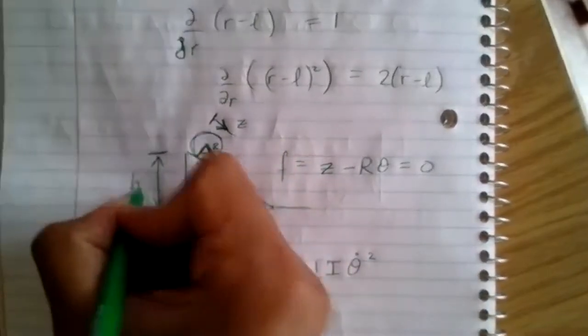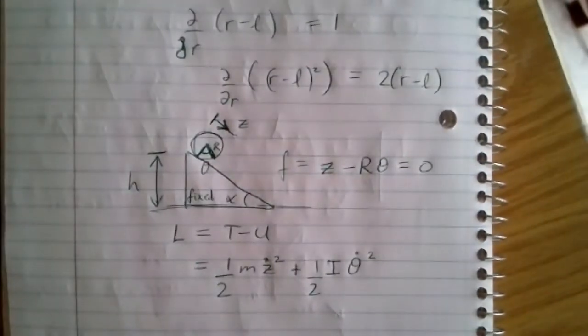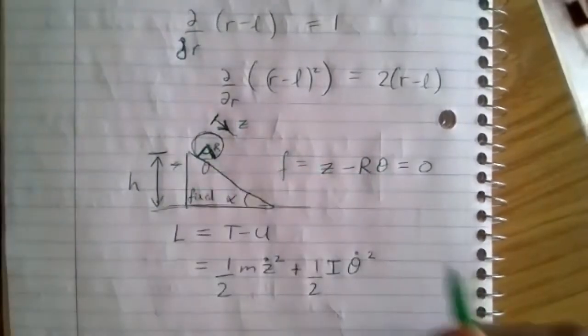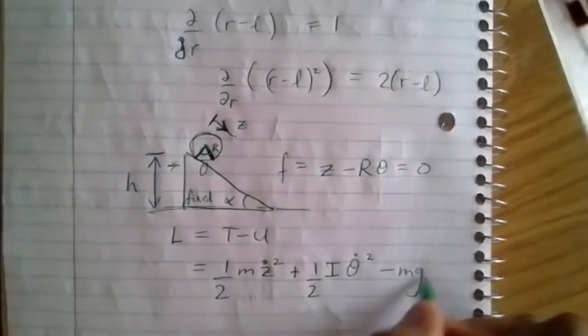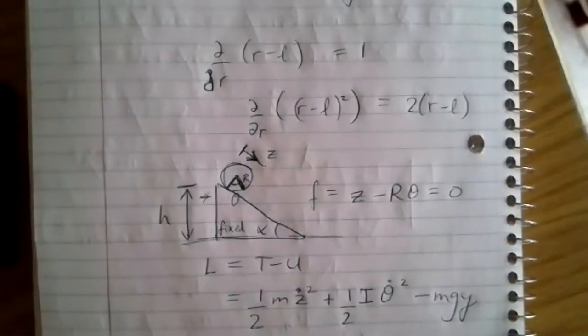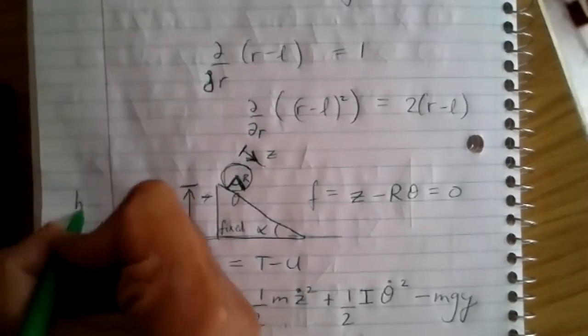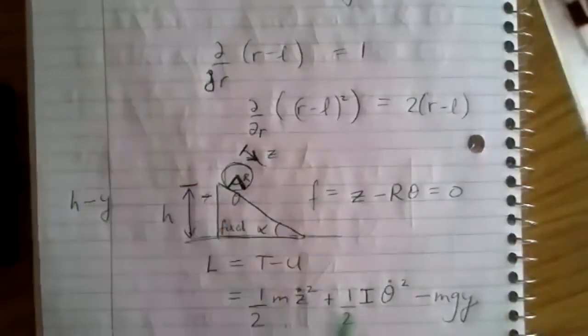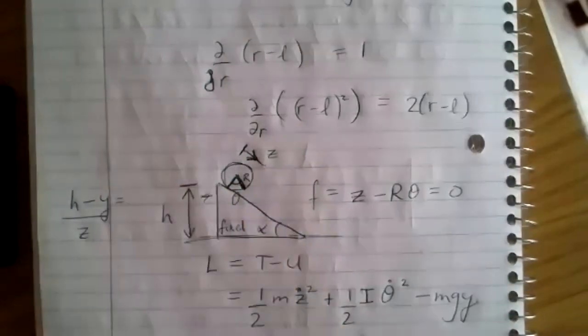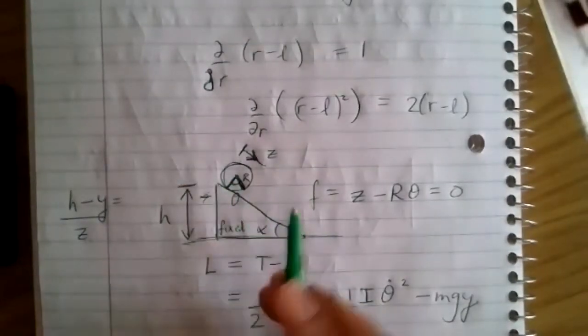So let's call that height h. The height of the object, let's call that y. So this would be minus mgy. But then we can express y in terms of h and z. So let's see. (h minus y) over z is equal to opposite over hypotenuse, so sine.